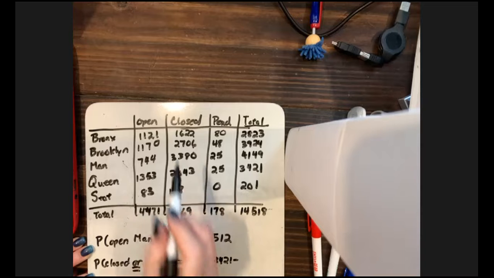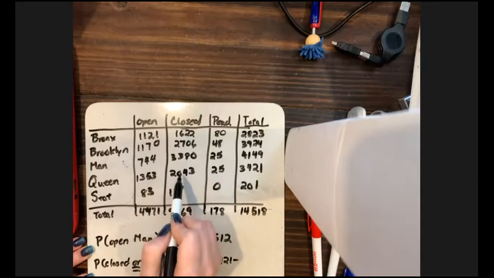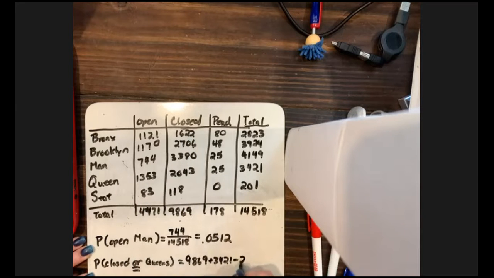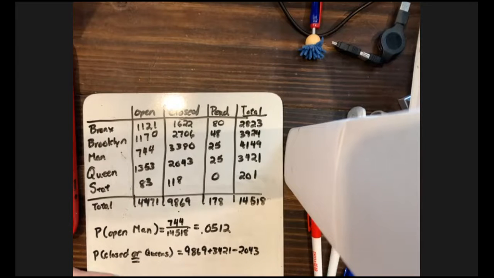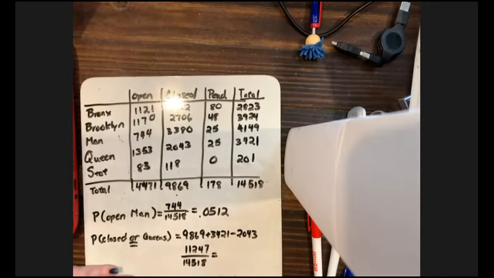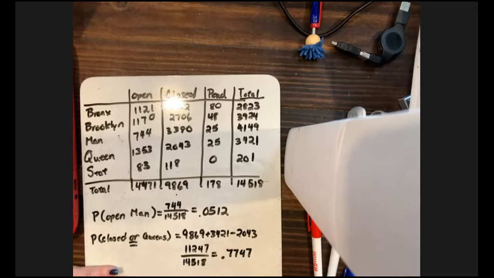We're going to subtract our closed Queens reports, which is our 2043. Adding all that up and then subtracting, we get 11,247 out of our 14,518. Okay, and we get that as 0.7747 for that one.